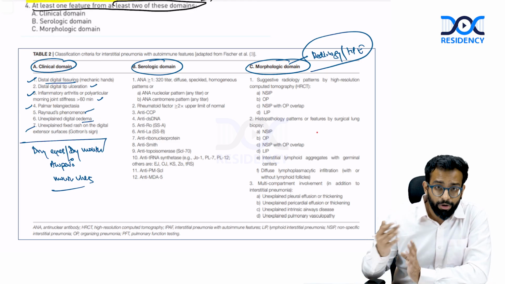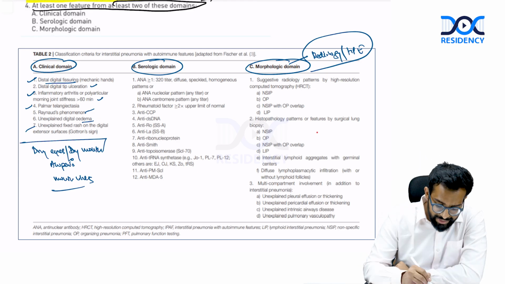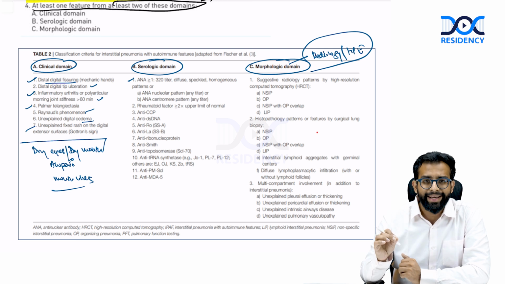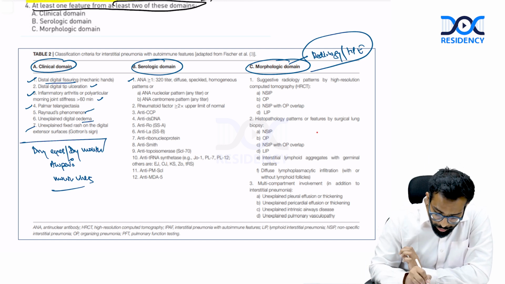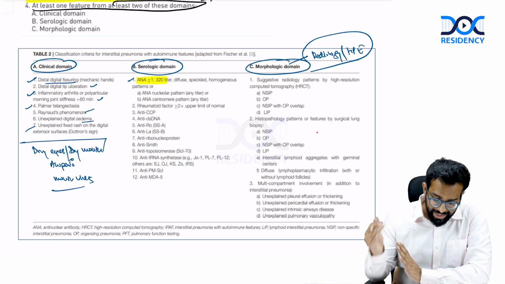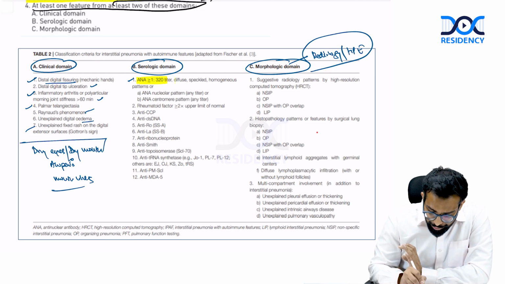Coming next to the serological domain, this is a battery of autoantibodies. First, ANA. An ANA titer of more than 1:320 is considered significant for the serological domain. This applies if the pattern on immunofluorescence is either diffuse, speckled, or homogeneous.